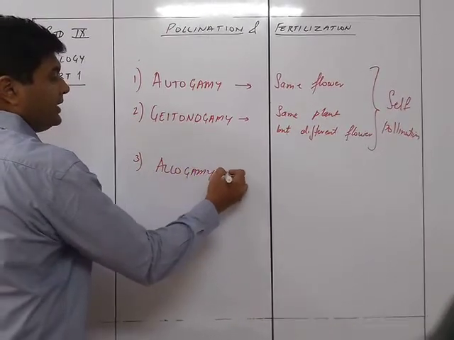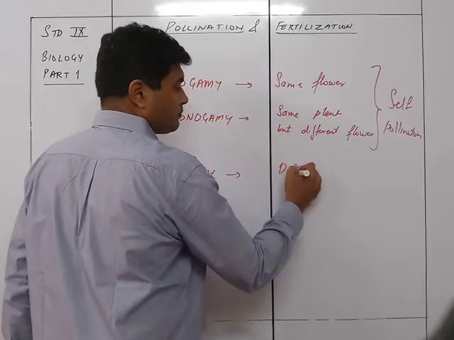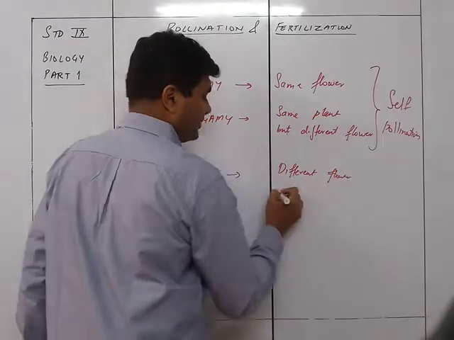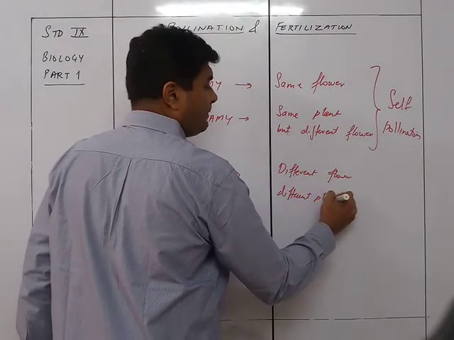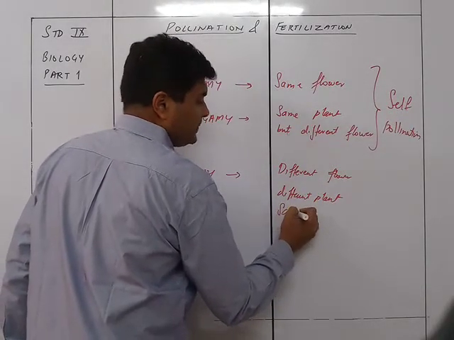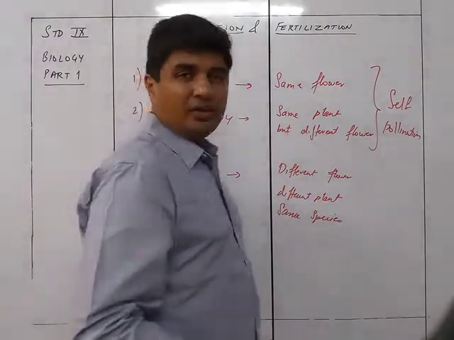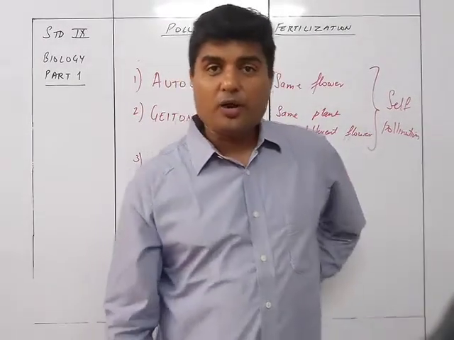Now, allogamy is when it is a different flower, of course a different plant, but the same species. If the species is the same, only then is it possible for the flower to have pollination.